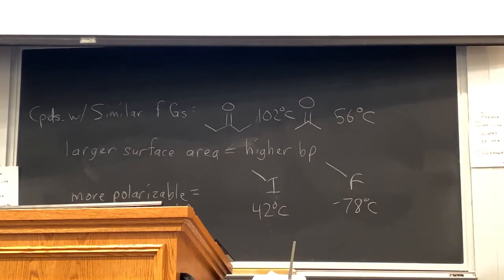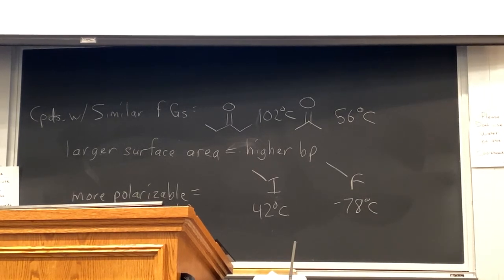So what happens is as you bring two of these iodomethane molecules close together, the electron clouds of the iodine are further away from the nucleus, which makes them more polarizable, makes those electron clouds adjust more strongly to that approaching molecule in order to maximize the attractive forces. So you actually get stronger attraction due to the temporary dipole, or the induced dipole, caused by that polarizability than you do from the permanent dipole, okay?